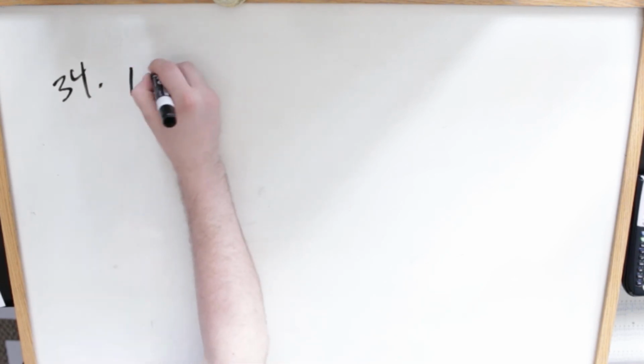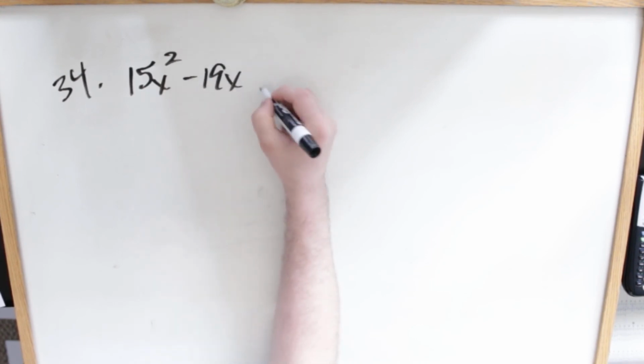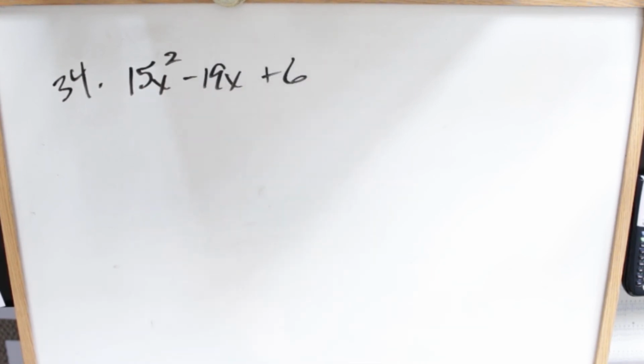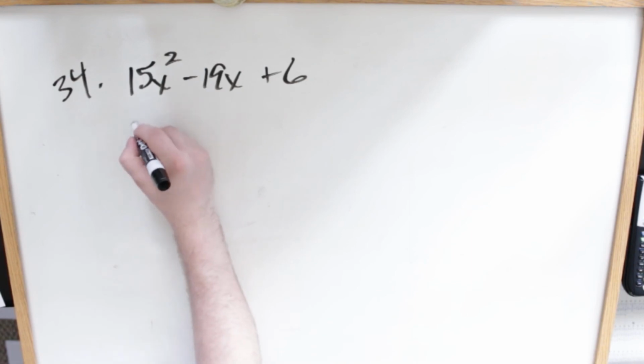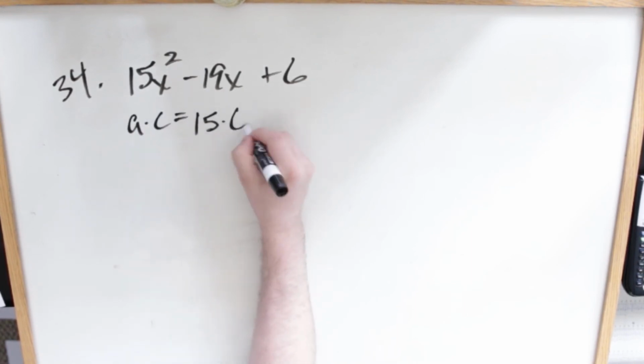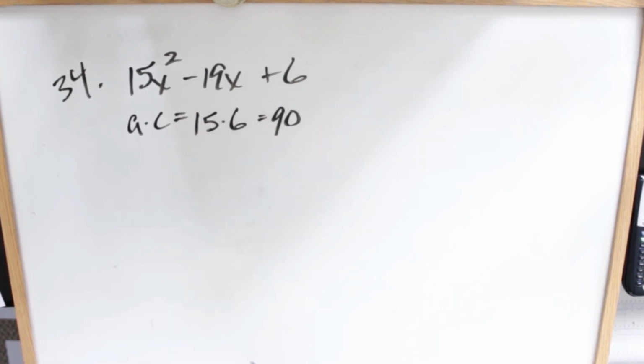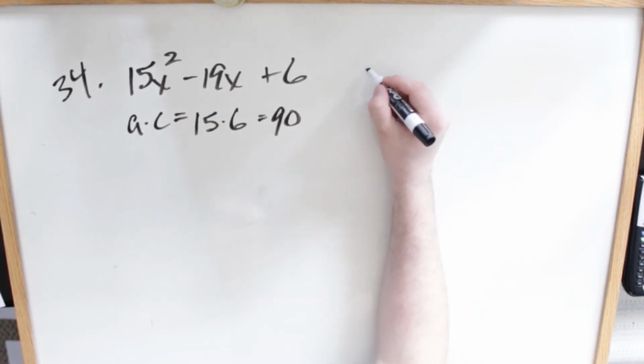So let's start. 15x squared minus 19x plus 6. A times c is going to equal 15 times 6, which is equal to 90. Wow, that's going to have a lot of factors. Okay, so let's go ahead and start listing them all.